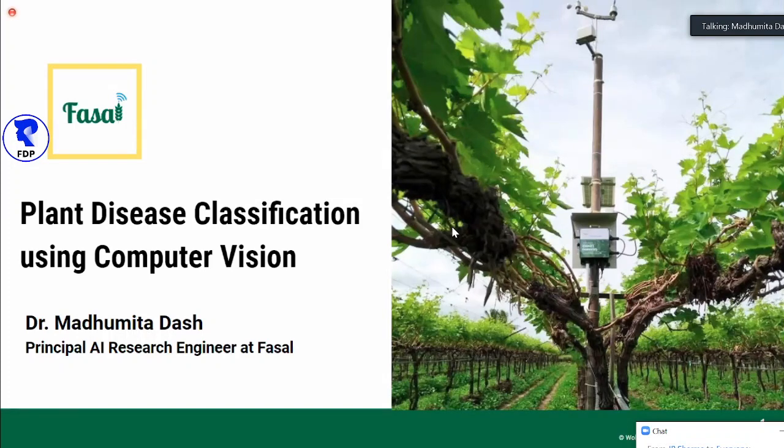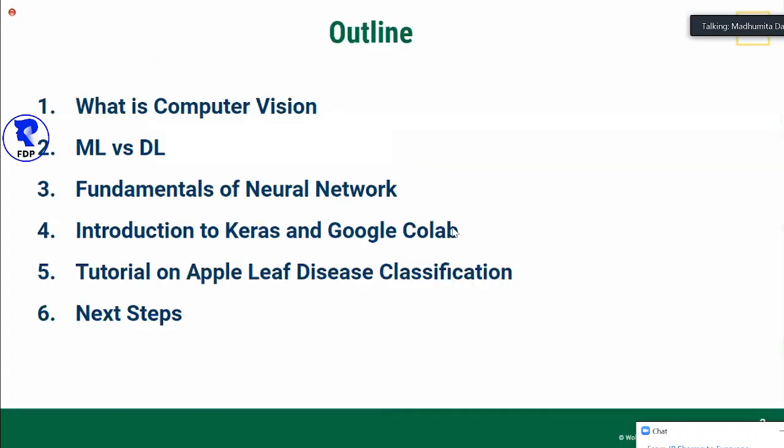We will have a hands-on tutorial using deep learning and neural network approaches. But the main objective is for you to understand the fundamentals of computer vision, the difference between machine learning and deep learning, and the fundamentals of neural networks. I will introduce you to Keras and Google Colab, and then there will be a tutorial on apple leaf disease classification.